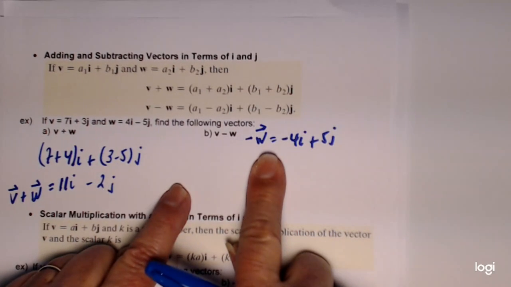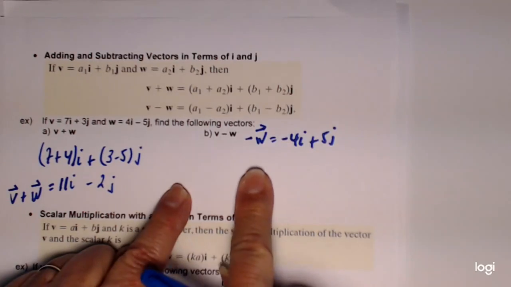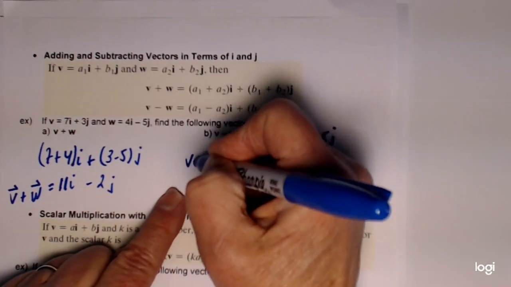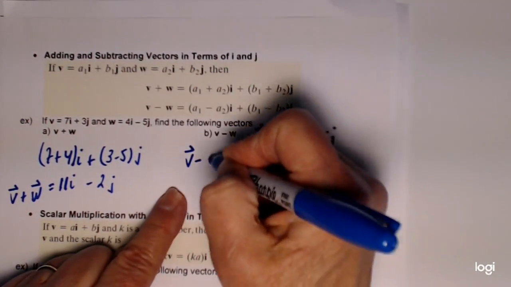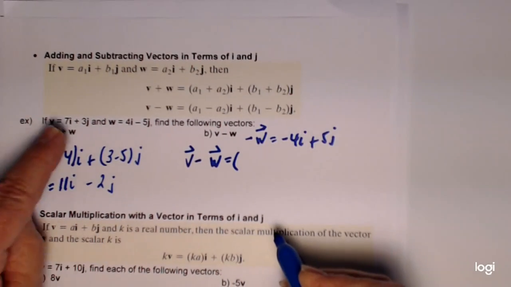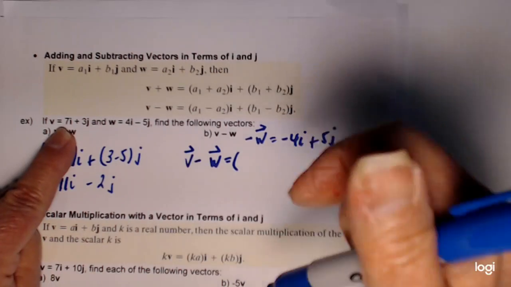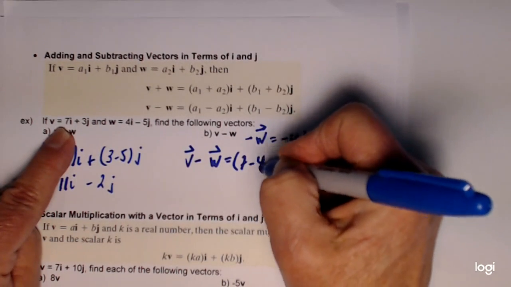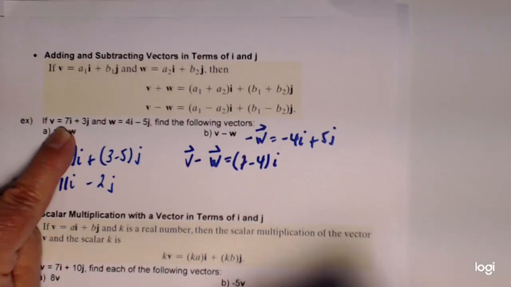And now we are going to be combining these. So my vector v minus vector w is now going to be 7 minus 4i.